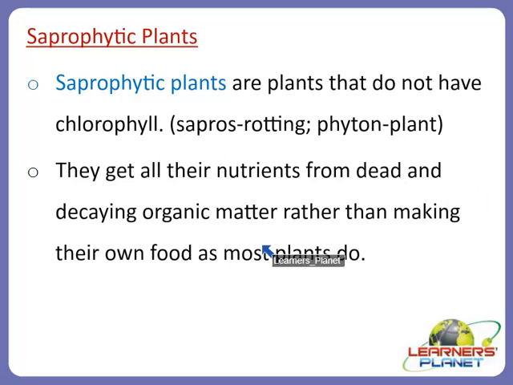That is why they get all their nutrients from dead and decaying organic matter rather than making their own food as most green plants do. So there are plants which grow and live on dead decaying organic matter, including animal and plant remains, and that is why they are termed saprophytes.